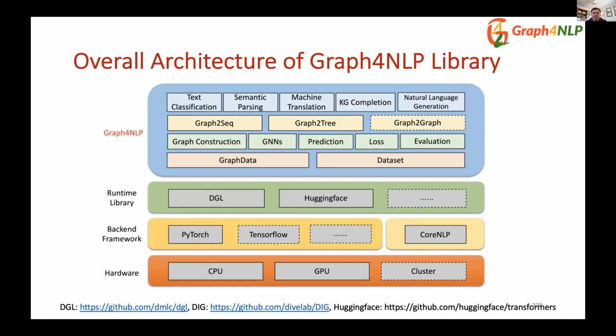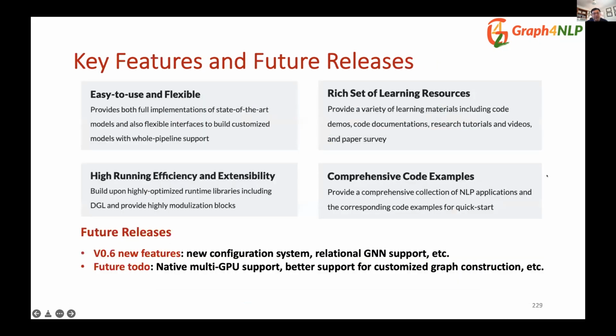On top of that, we also integrate 2 popular models, graph2seq and graph2tree, so that it is much easier to use these 2 high-level models to do your task. On top of that, we support, I think, 12 different NLP tasks so far, but you can definitely customize your own application using the lower-level APIs that we provide here.